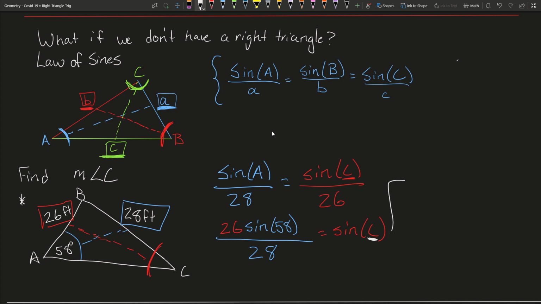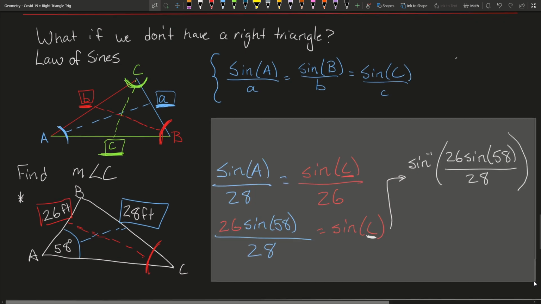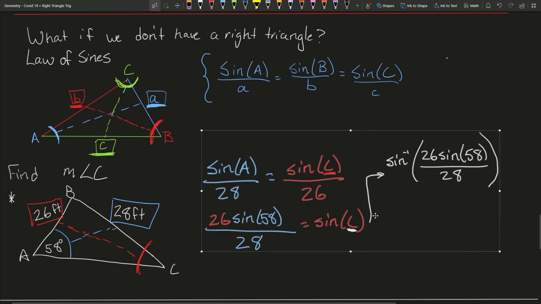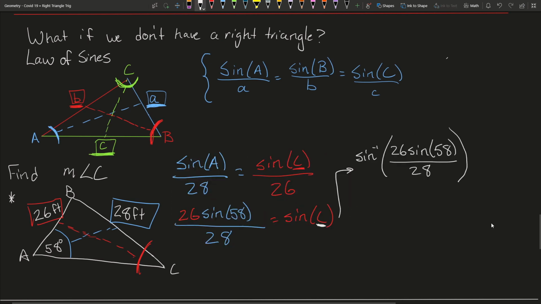So that will look like sine inverse of everything on the left-hand side is equal to, and when we take the inverse sine of sine, we're just left with what's inside. So this will just be equal to C.